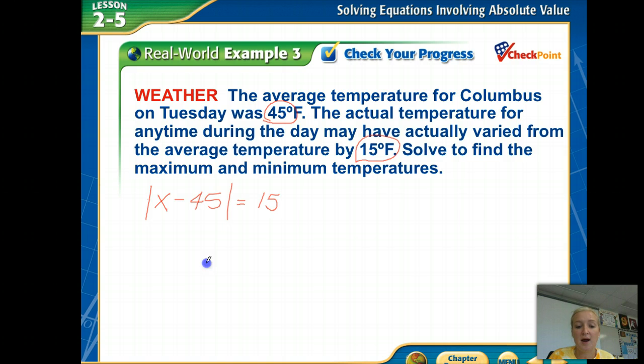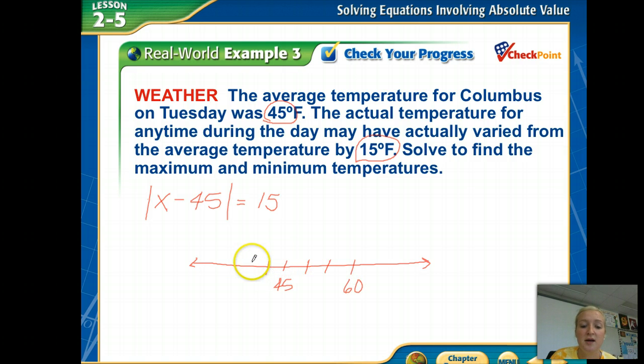So on my graph, I'm going to start out at 45 degrees, and I'm going to go up by 5. So 50, 55, 60, so I go up 15 degrees. And then I'm going to go down 15 degrees.